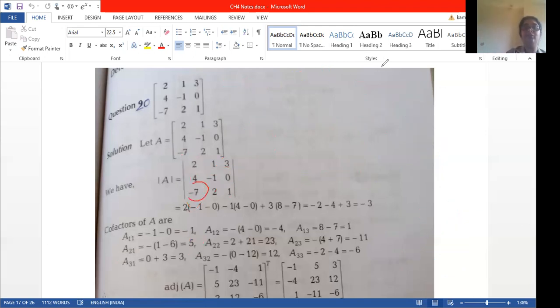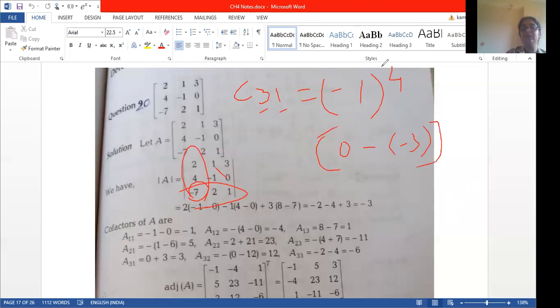We'll calculate one more. C31. C31 is equal to minus 1 to the power of 3 plus 1, 4, multiplied by, leaving this row and column, we are left with 1 into 0, 0, minus 1 into 3, minus 3. So this will be equal to minus 1 to the power of 4 is 1.